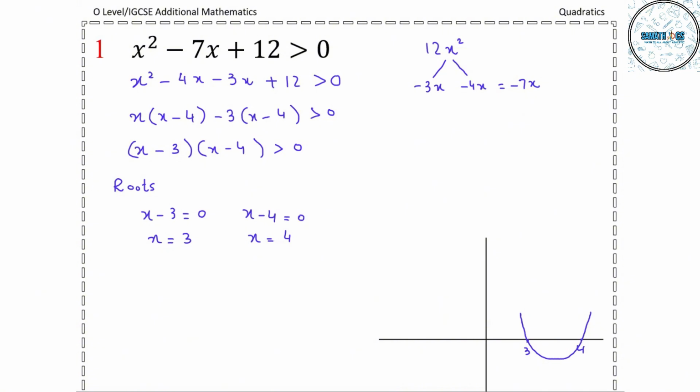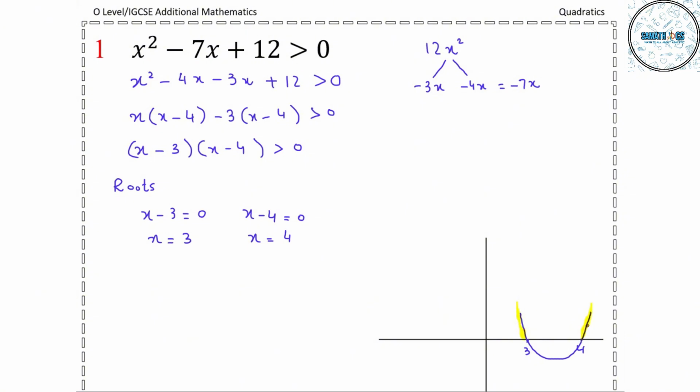It opens upward. As x squared minus 7x plus 12 is greater than 0, we have to consider the part of the curve which is above the x-axis. So this part of the curve we have to consider.